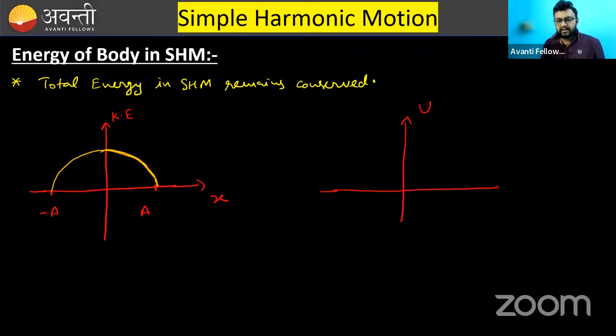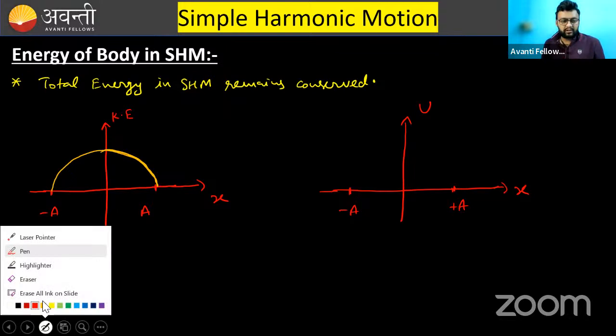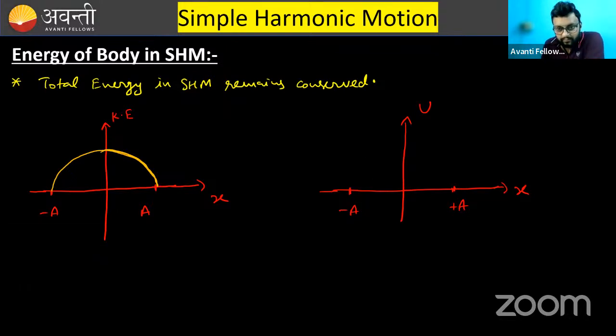This is potential energy, and this is again position. This is, let's suppose, minus A, and this is plus A. And if I draw the curve, it will look like that.